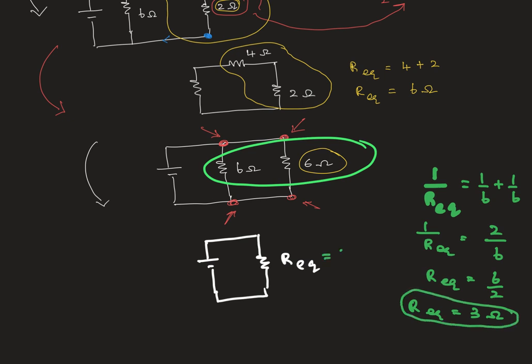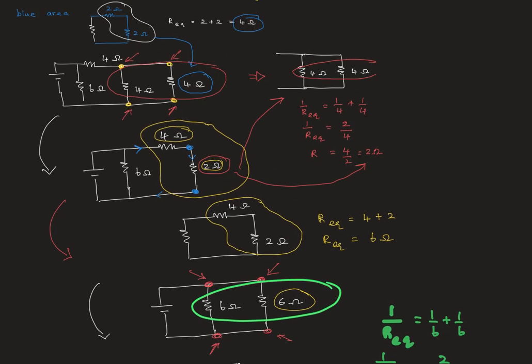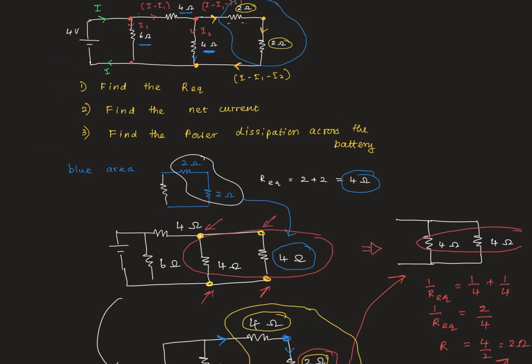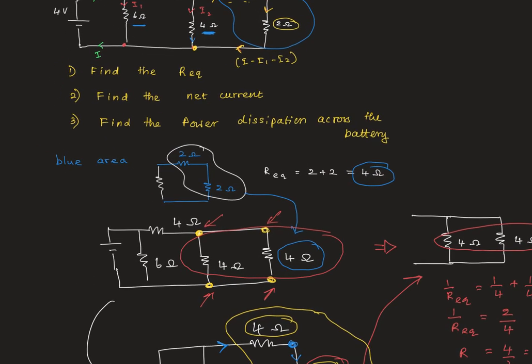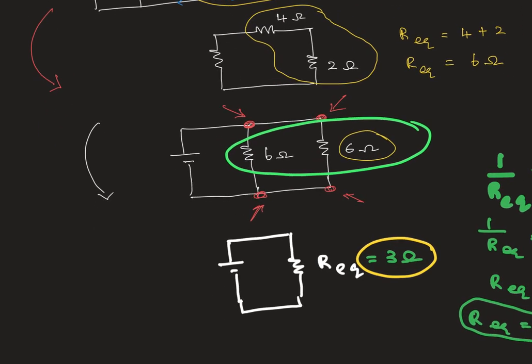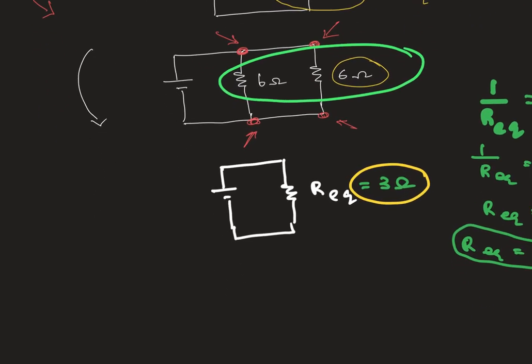So the final answer, that is R equivalent of the circuit, that is what we were looking for. If you go back to the problem, there you have find the R equivalent, and the answer is 3 ohms. And then the battery has a voltage given to us as 4 volts.